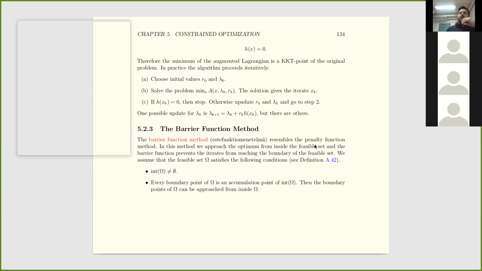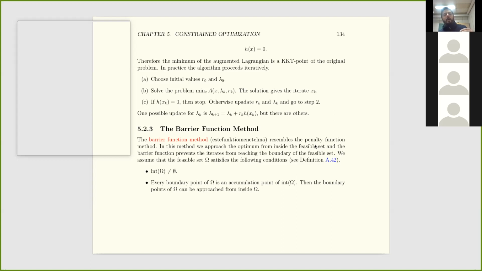But there is an alternative approach to this. The alternative approach is to think that there are interior points to this problem, where the inequality constraints are satisfied, and the problem comes at the boundary of the feasible and infeasible region. As long as you are at an interior point, you don't have any problems. So one way to do this is that you force your search to search through the interior of the problem.